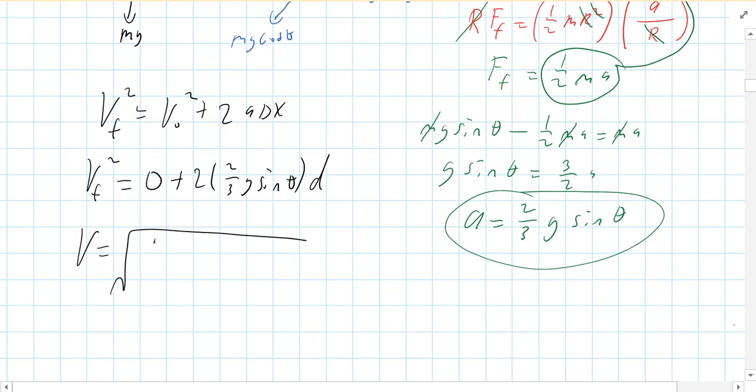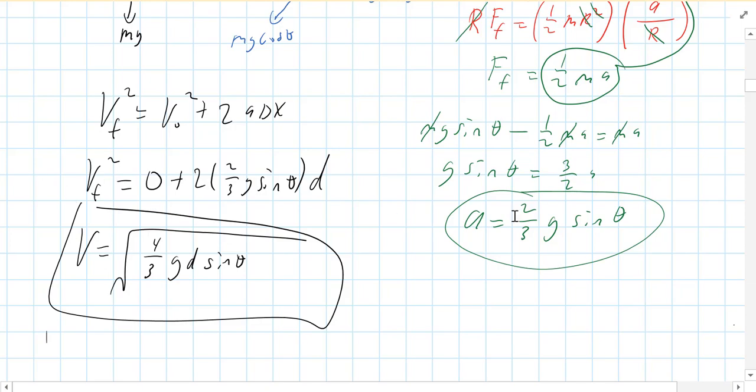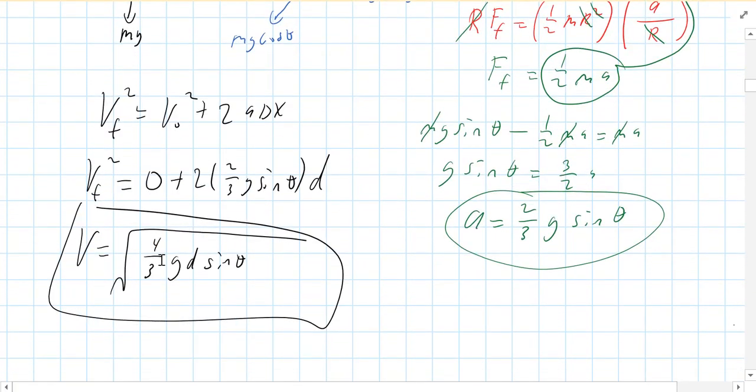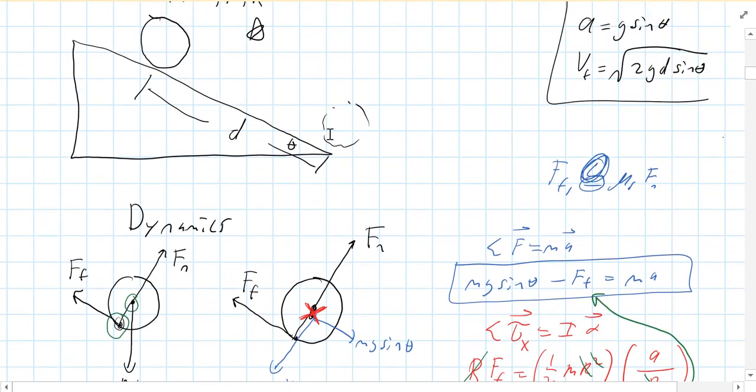So if you put that in there, you get v squared equals 4/3 g d sine theta. And again, compare that to the final velocity of a frictionless block on the incline. This has a 4/3, which is less than 2, right? So our cylinder is not moving as fast as a frictionless block would, okay?